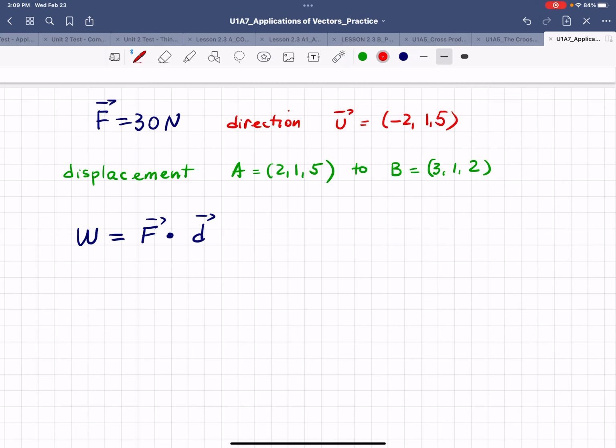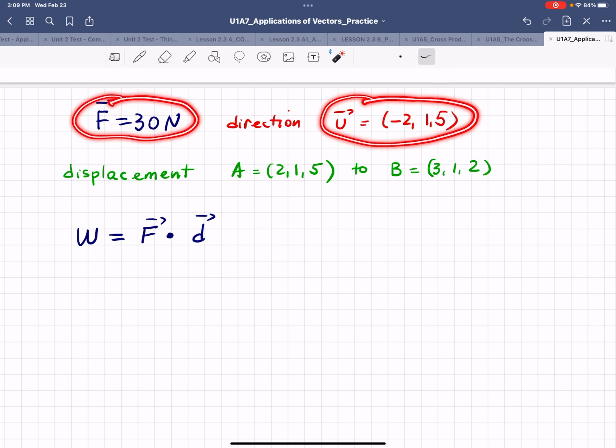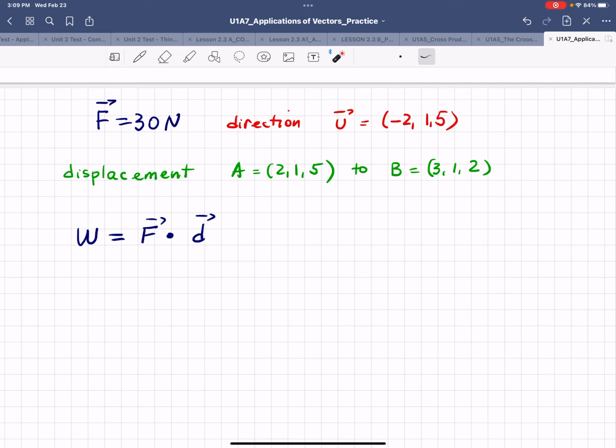Now recall that here we are in 3D, and if you want to define the direction of a vector in 3D, we have to use the three angles that the vector makes with the respective axes. In other words, we have used what we call the direction cosines. The direction cosines for vector u and vector F, since they are going in the same direction, will be the same.